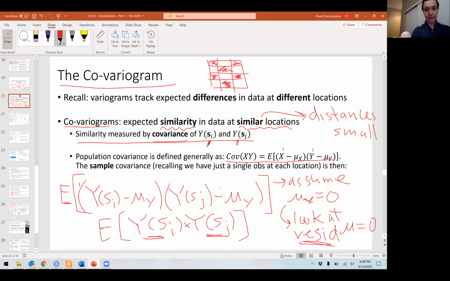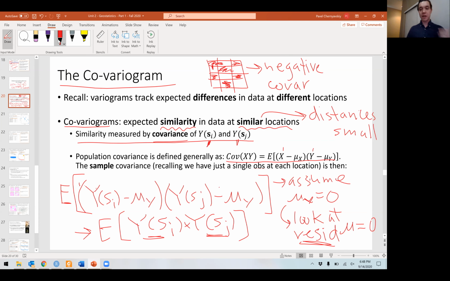Then my neighbors, the observations that are near me in distance, have the opposite sign, right? And so this expectation is going to be negative. So this is an example of negative covariance because your neighbors are the opposite of you.